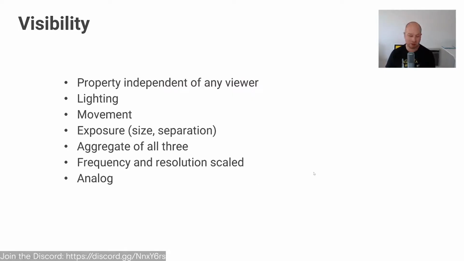Visibility, we talked already about this in the context of vision, but it's a property independent of any viewer to any other object. There's lighting, there's movement, there's exposure. You can kind of start to apply it. It's not like you have to render it from scratch, or maybe you do, right? A friend of mine took a game engine like Unity, and in it actually built a fully computer vision based driving AI.